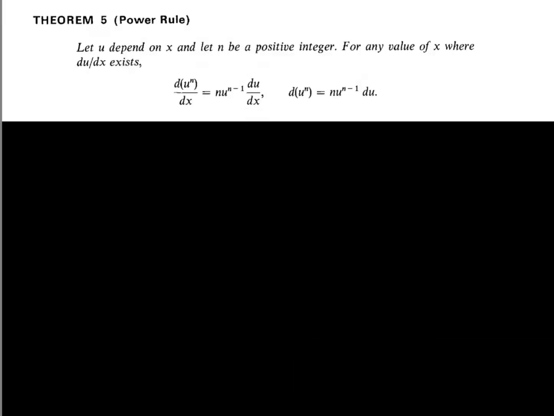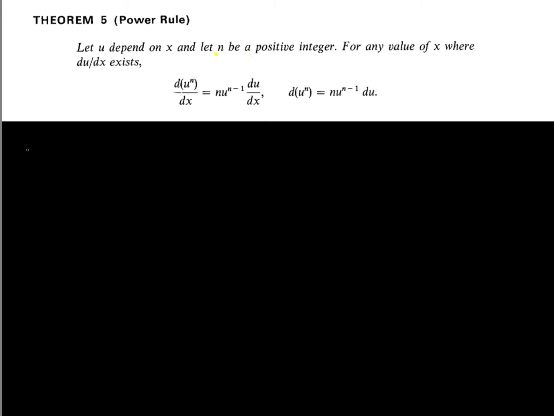So now we have the product rule that gives rise to the power rule. Now this will take a few more steps than the other ones, but if you recall, the power rule is just, if n is an integer, then when we take a power, we're multiplying u by that power.